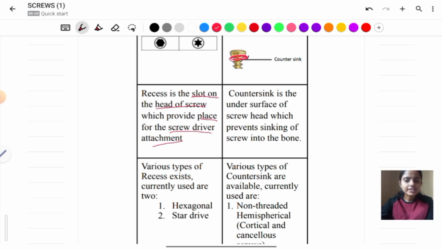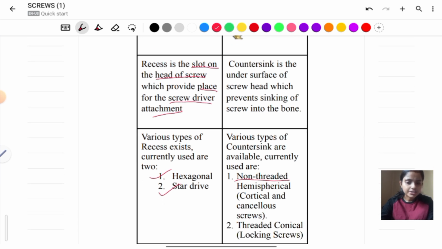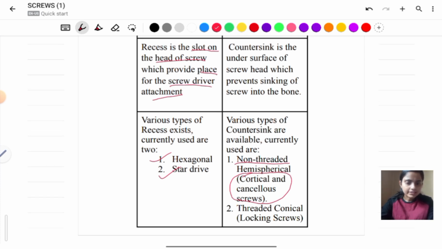Various types of recess exist. Currently used are two: the hexagonal and the star drive recess. Various types of countersinks are also available. Currently used are non-threaded, which are used for cortical and cancellous screws, and threaded, which is in the locking screw.